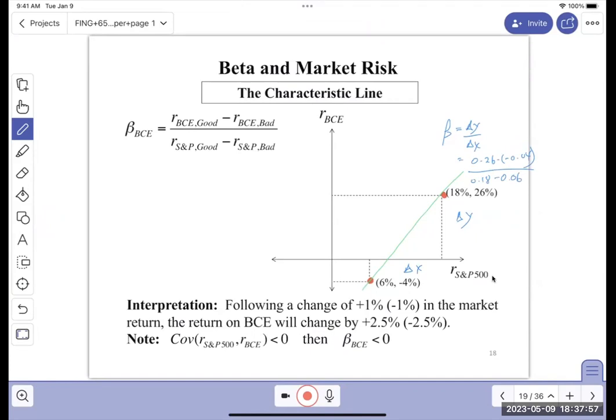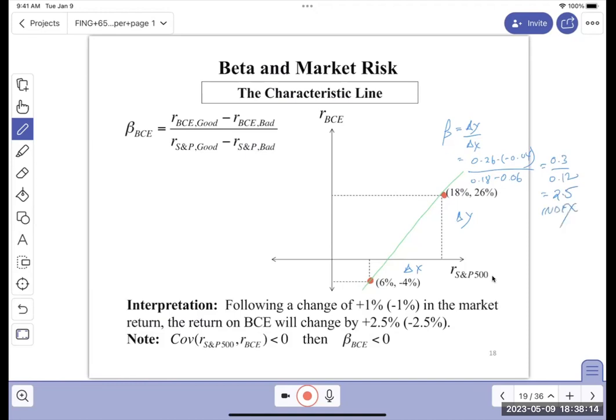Okay, so that will be 30.3 divided by 0.12, which turns out to be 2.5. And this is an index, it's not a percentage.